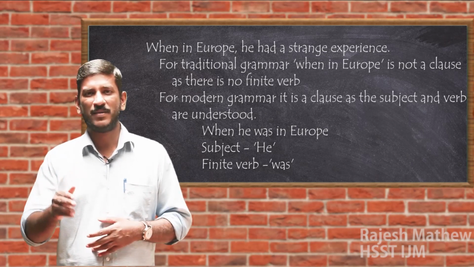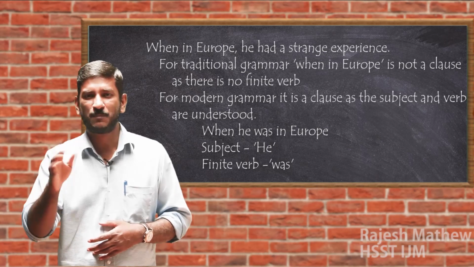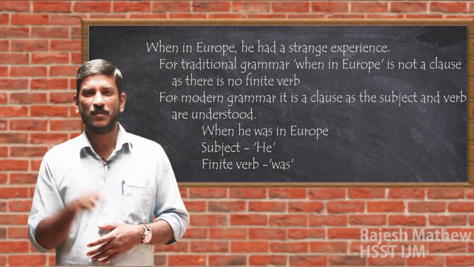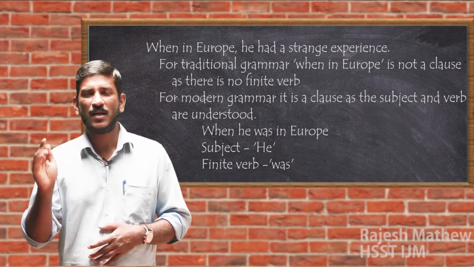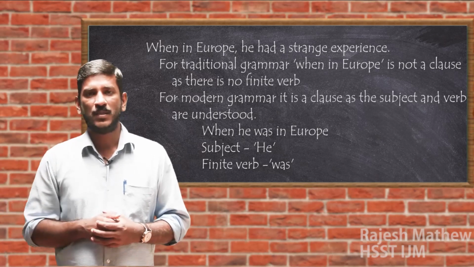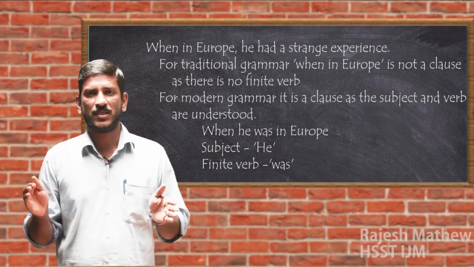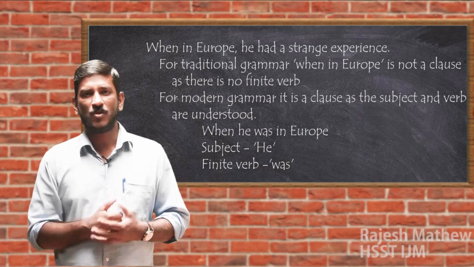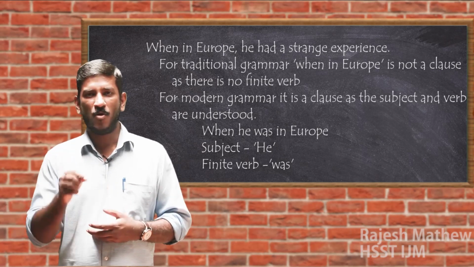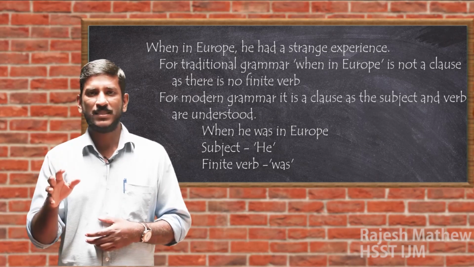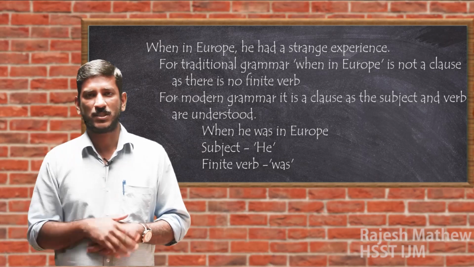But modern grammar takes even that expression as a clause because the subject and the finite verb are understood: when he was in Europe, he had a strange experience. Modern grammar speaks of clauses with finite verbs, non-finite verbs, and verbless clauses.